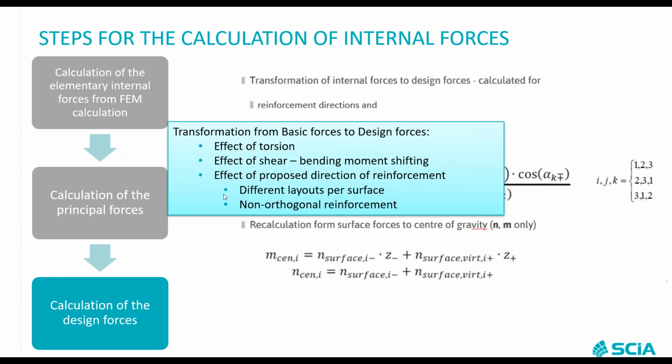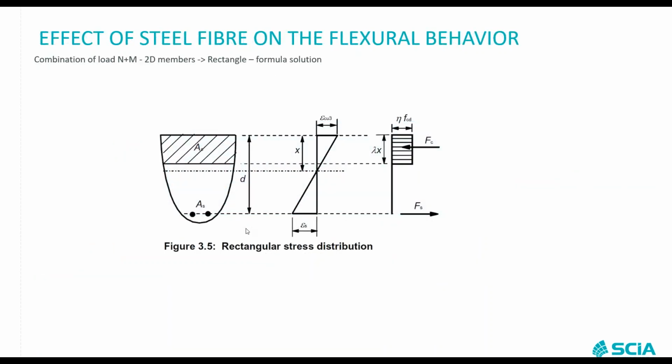And also there is one advantage from using the Bowman transformation method, which is that it is not necessary to use the reinforcement in 0-90 degree, how we used to do that. Now you can also change the direction of the reinforcement, for instance 45 degree, and SCIA is still able to calculate the internal forces and do the design or the check.